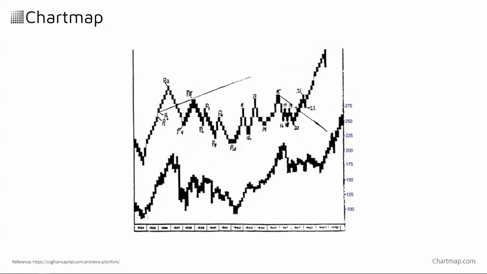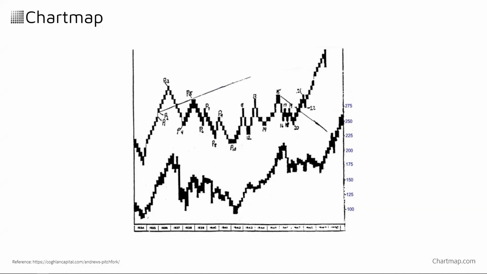You can see the basic structure that resembles a pitchfork that we now know. So George Merkle developed the original concept of the median line. Alan Andrews then introduced the concept of the pitchfork in the 1960s as an iteration of the concept of median lines, which was actually interestingly inspired by Isaac Newton's third law of motion.